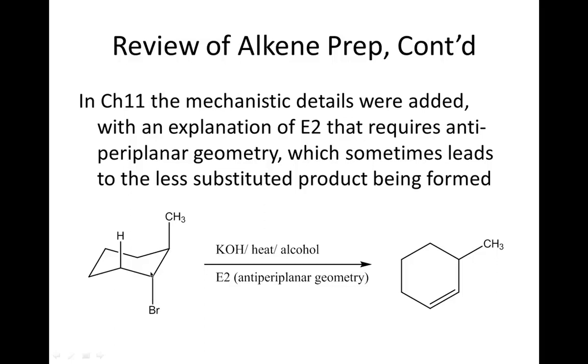If this undergoes elimination strictly by E2, the only place it can put the double bond is right here, which is why this would be the only product observed. So that's not the Zaitsev product. The Zaitsev product, or the more substituted alkene, would have been to put the double bond here. But you don't get that if this is an E2 elimination. We're not going to spend a whole lot of time talking about those kinds of details this semester, but they do sometimes come up, and it's important to keep those in the back of your mind.